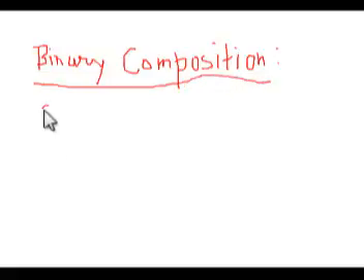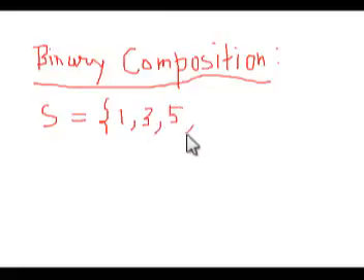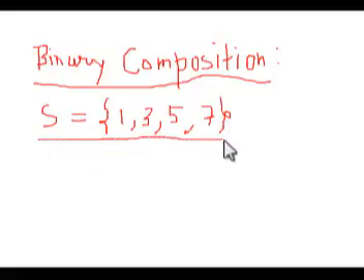Take a set S. It has elements, such that 1, 3, 5, 7: 4 elements. So this set S has 4 elements 1, 3, 5, 7.